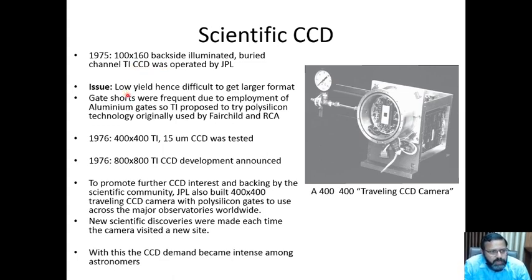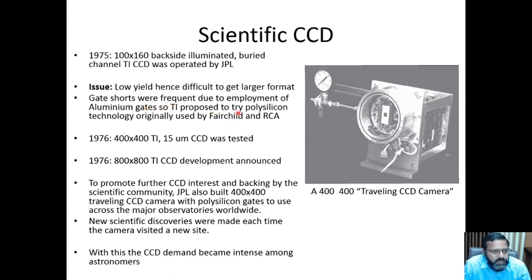They couldn't build a larger format detector, because the gates which they used on the CCD for clocking and biasing were made of aluminium, and it was creating shorting in the detectors.